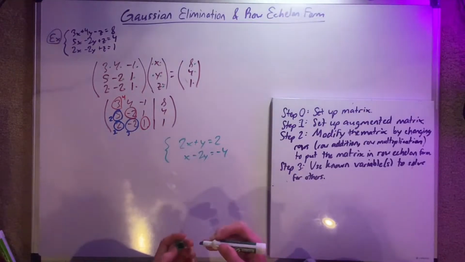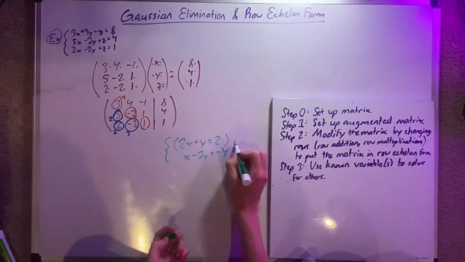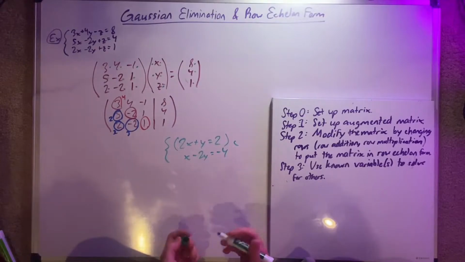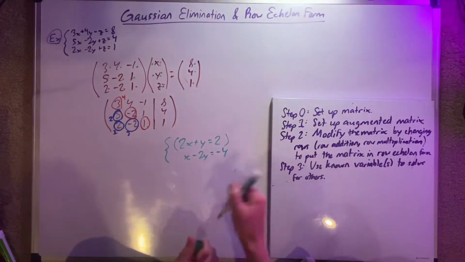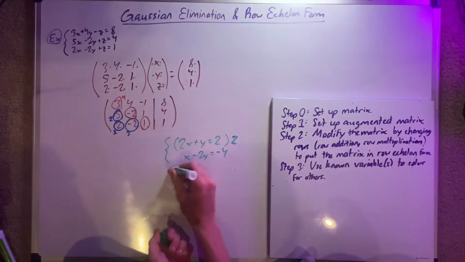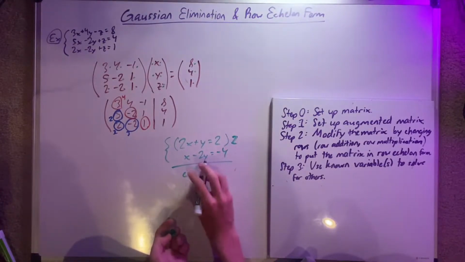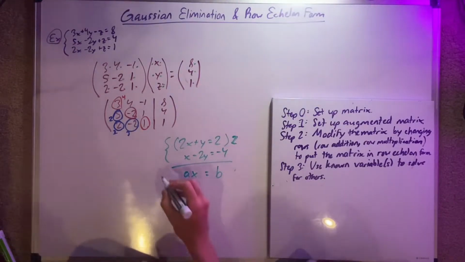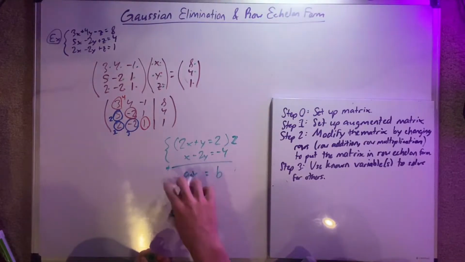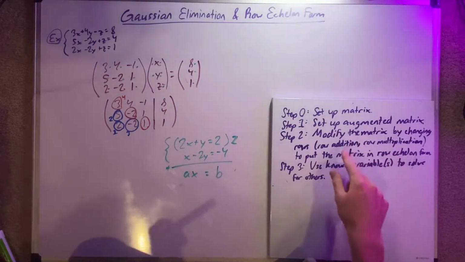You would multiply this one by some constant to get the y's to cancel because they're opposite signs, the constant being probably 2. And then you would add the two and be left with x equal to some other number. So really what you're doing is multiplying and adding, hence row multiplication and addition.